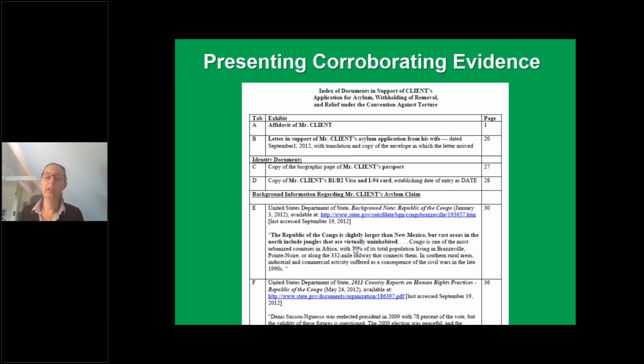This index is actually quite important because often asylum evidence packets can be quite lengthy, and so you want this index to be annotated so that the judge or the asylum officer can look through it and see why you're submitting each one of these documents and what points they're intended to make. That way, if they don't have time to read your entire filing, you know at least that they can look through this and see what is important to your client's case.